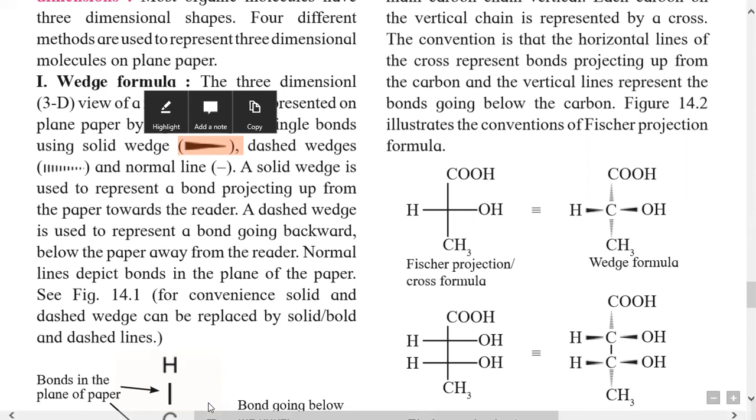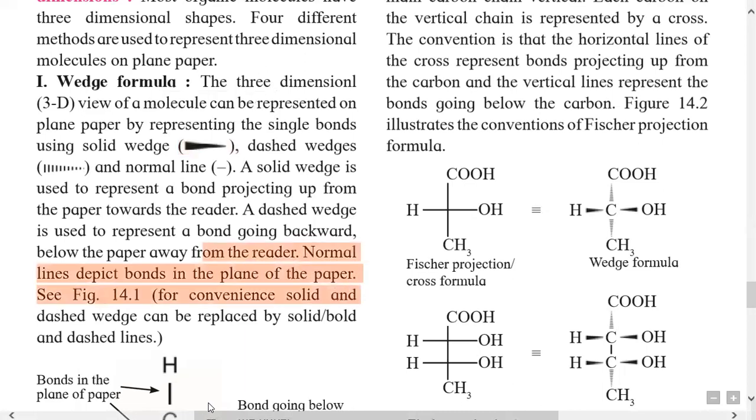A solid wedge represents a bond projecting up from the paper towards the reader, and a dashed wedge is used to represent a bond going backward, below the paper, away from the reader. So solid wedge is towards the reader, dashed wedge is away from the reader, and the normal line depicts the bond in the plane of the paper.